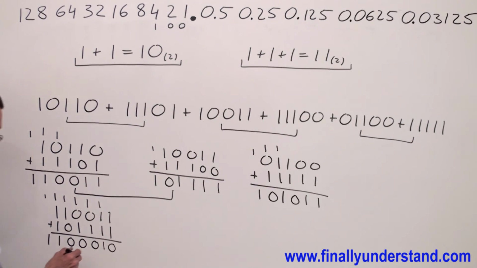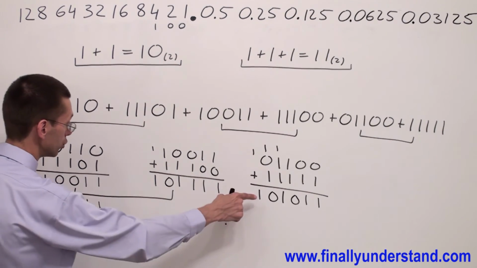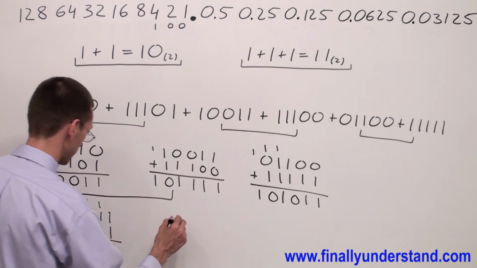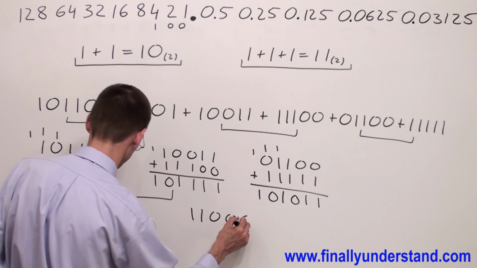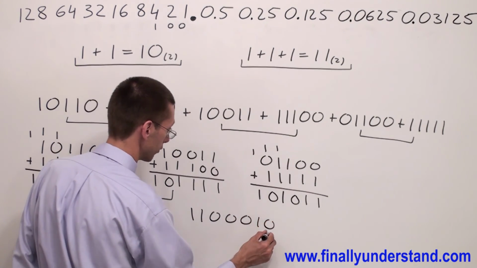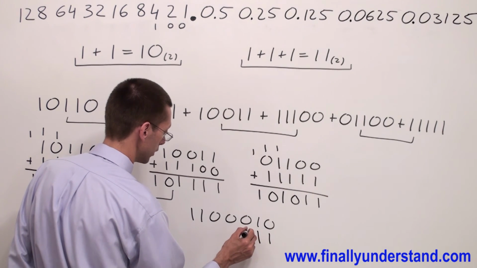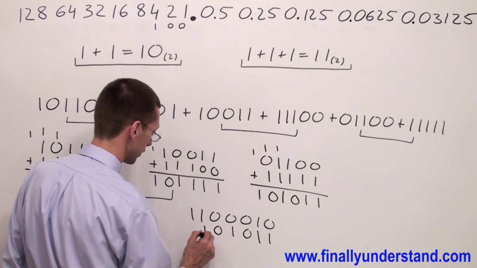Next, we're supposed to add this number to this one. Let me copy this down. We have 1 1 0 0 0 1 0. And add this one. We have 1 1 0 1 0 1.